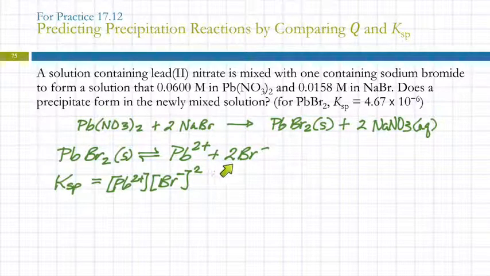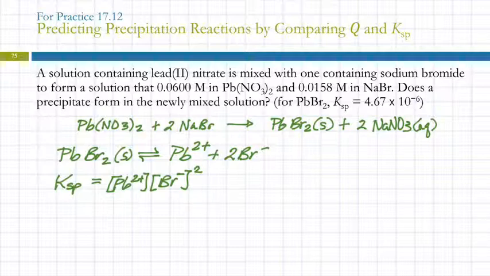This 2 becomes the exponent. It doesn't show up in here. We don't take the bromide concentration and double it and then stick it in there and square it. Okay? This 2 gets used, but it's only the exponent. Don't stick it inside the brackets. I saw some of that on the exam too.